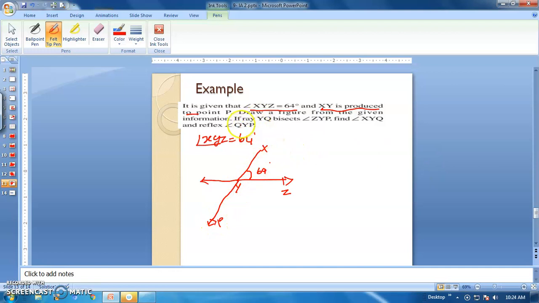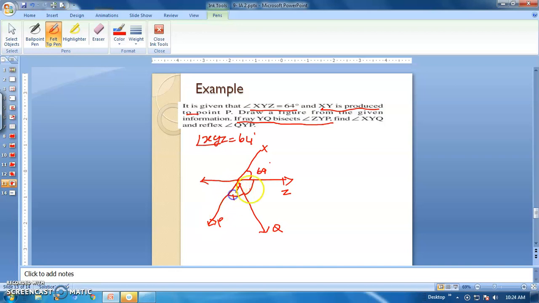Okay, and then if ray YQ bisects ZYP, so ZYP is this angle. So you can draw one ray here, that is YQ, bisecting ZYP. So bisect ZYP means ZYP is here, so it divides this angle into two like this.